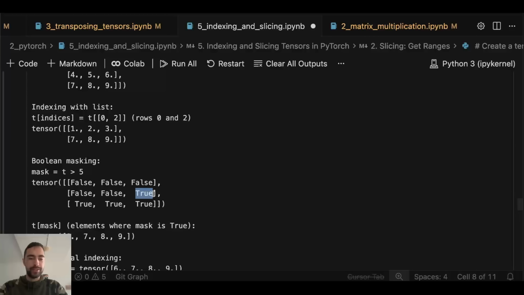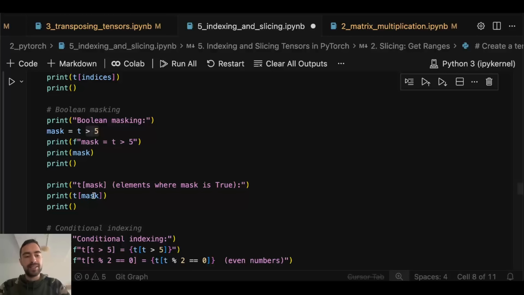And then these are greater than 5: 6, 7, 8. These elements will be replaced with true. If I was to put number 7 here instead of the number 1 that was originally, then this would also be true because this element would also be greater than 5. So all of the values that are greater than 5 get replaced with true.